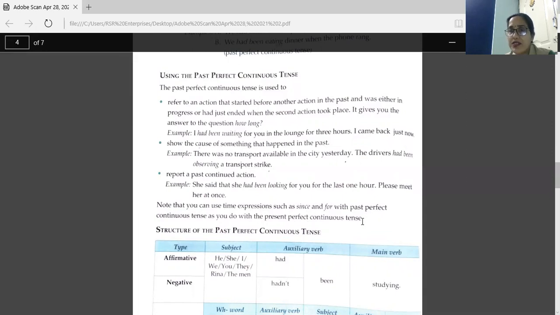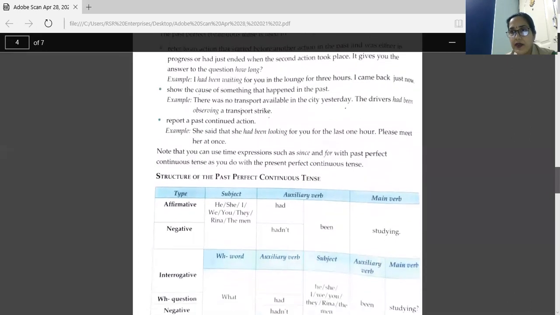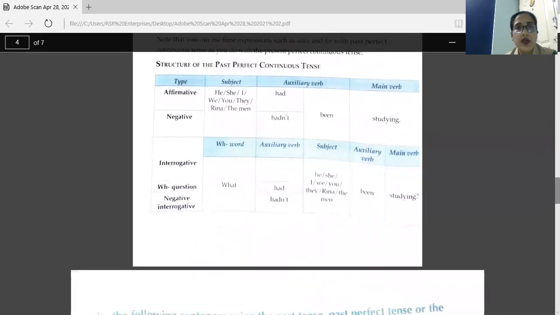And for that, we use since and for. Same thing with past perfect continuous tense also. Okay. Now, structure of the past perfect continuous tense in affirmative.